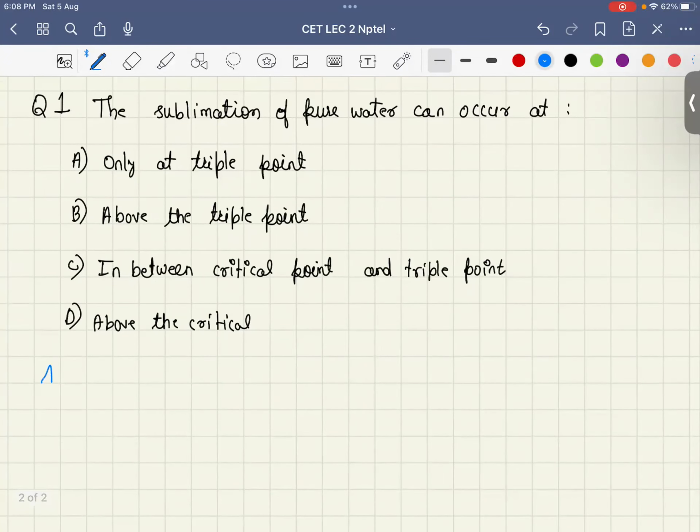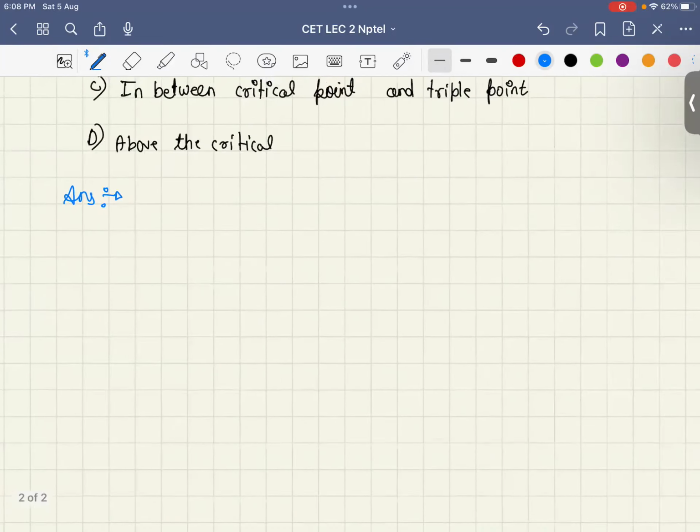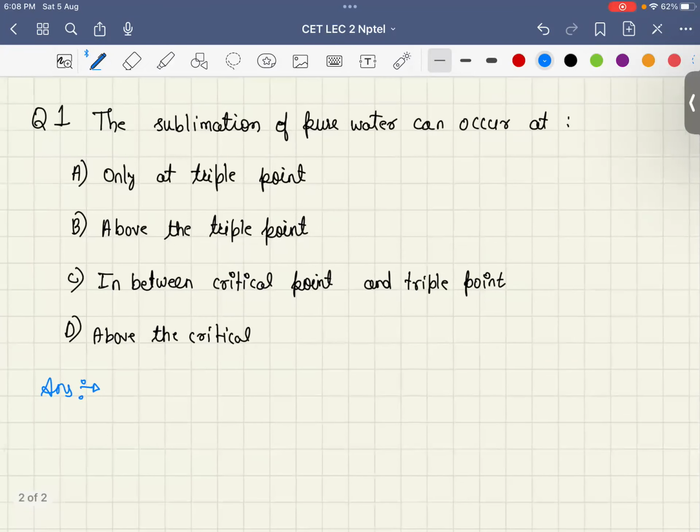So anybody has any answer? Anybody would like to attempt? For this you must know what is critical point and what is triple point.